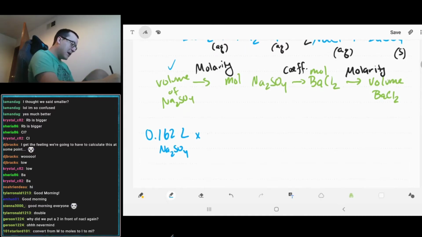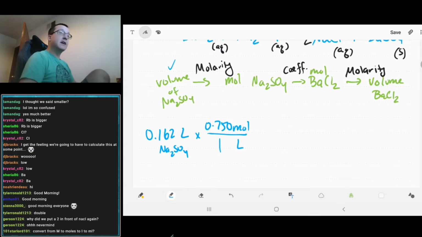We see that in our plan, we have our molarity to go between moles and liters. And the problem tells us that's going to be 0.75. That's the molarity of the solution that we have. And now, so that's the molarity we've put in.